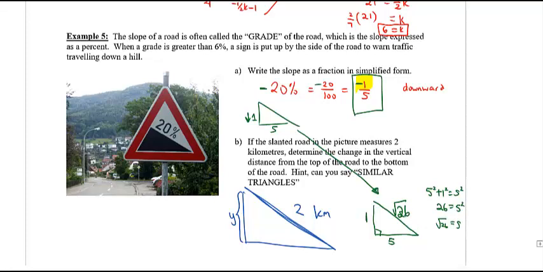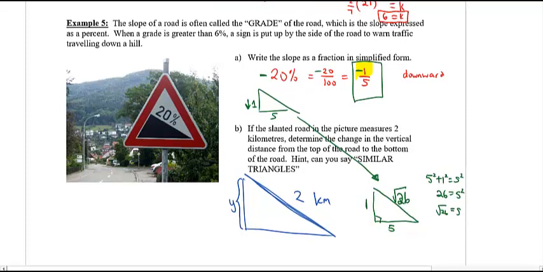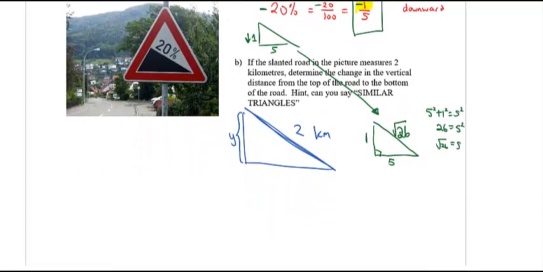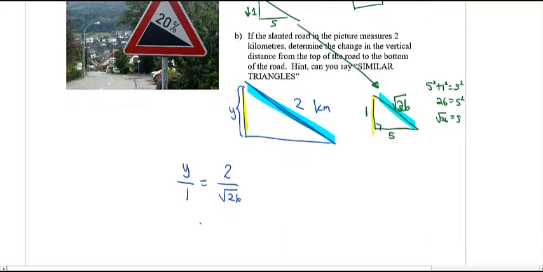So now how do we solve it? Well, this is where we can use similar triangles, remember? The corresponding sides, the ratios are the same. So if I were to do this as y over 1, that's the corresponding heights. That is equivalent to the corresponding slanted parts, 2 over root 26. And then I guess I can solve for y, cross multiply if you wanted to, but you don't really need to because y over 1 is y.